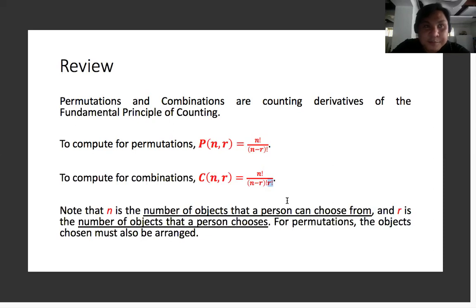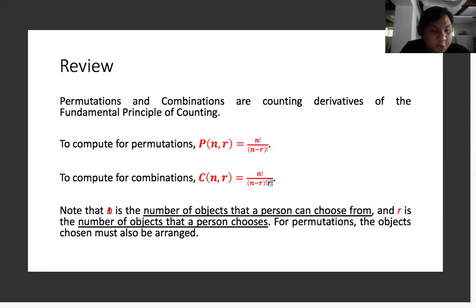So if you choose 3 objects out of 10, it matters how they were chosen for permutations. But for combinations, as long as it's the same 3 objects chosen, it doesn't matter which was chosen first, right? So you need to be very aware about this difference.